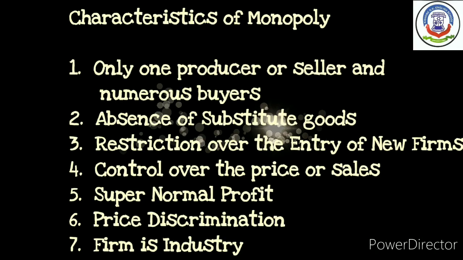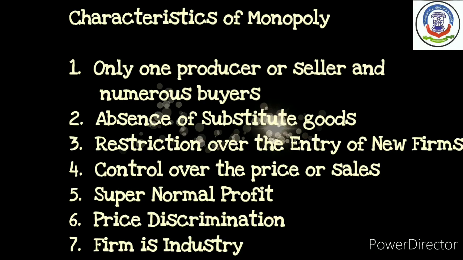Fourth, control over the price or sales. Fifth, supernormal profit. Sixth, price discrimination. Seventh, firm is industry.